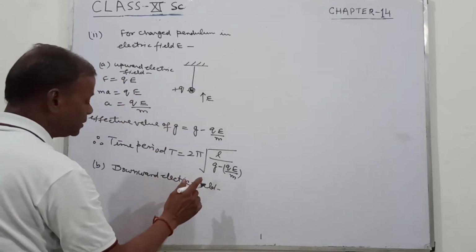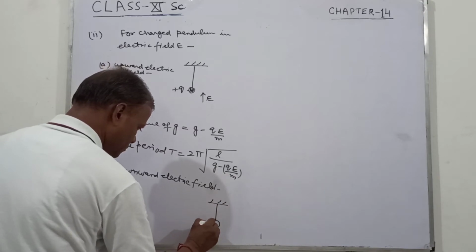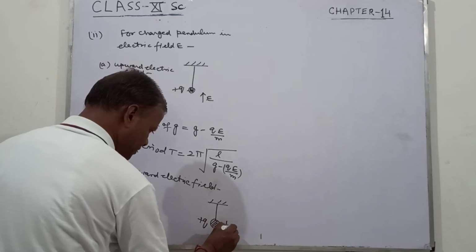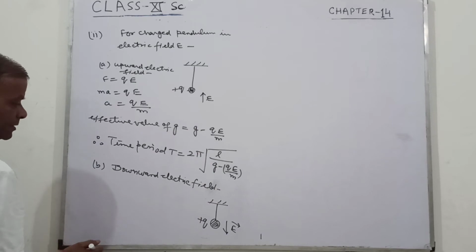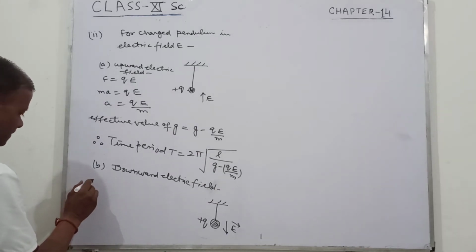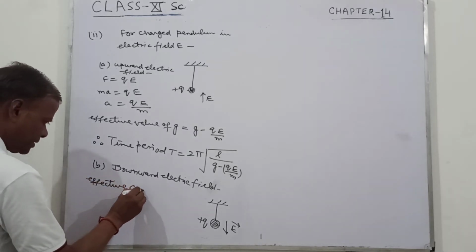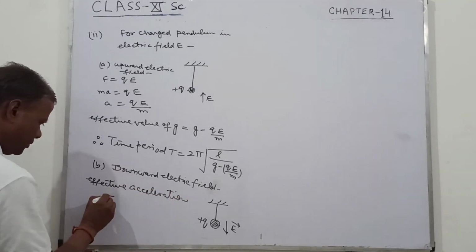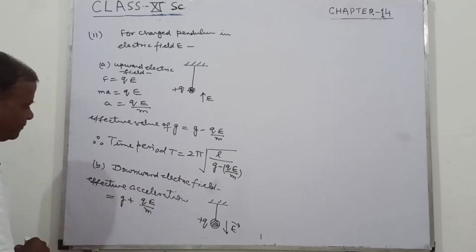Suppose this is the pendulum, this is now charge plus Q and the electric field is in this way. So in place of this minus we will have the plus. Therefore, effective acceleration equal to g plus QE upon m.